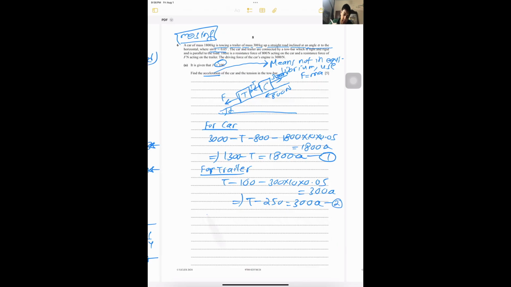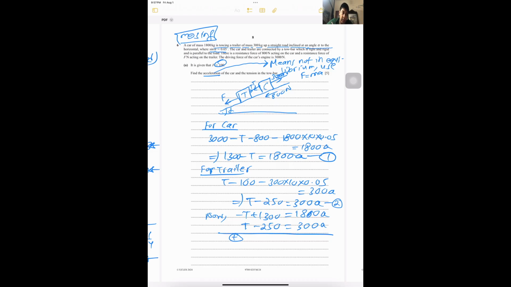Now we'll do a little simplification or elimination method. This one thing about the O levels really helps. This elimination method has always helped me solve this type of question. Everything you ever learn is so valuable throughout your high school days and even in your university when you go there.